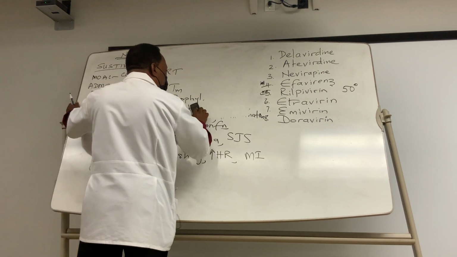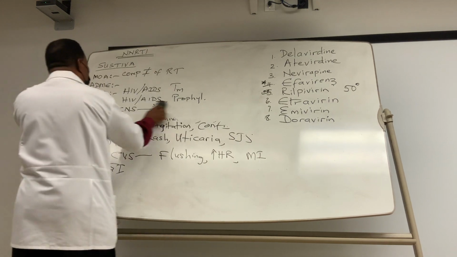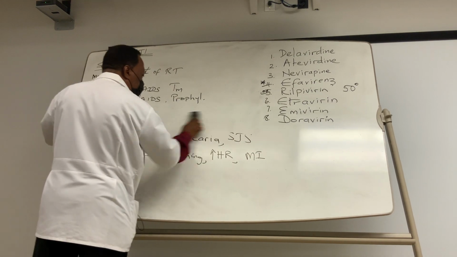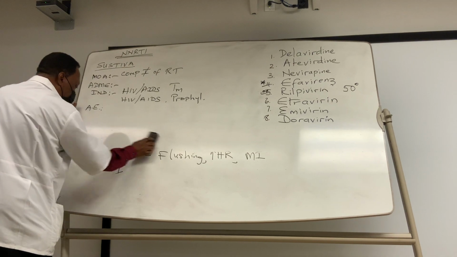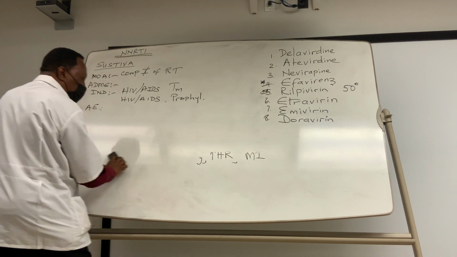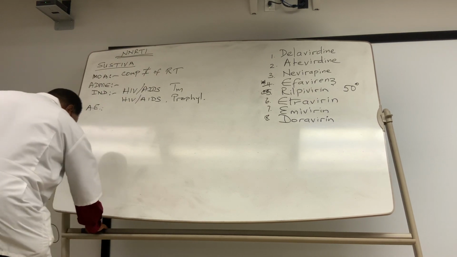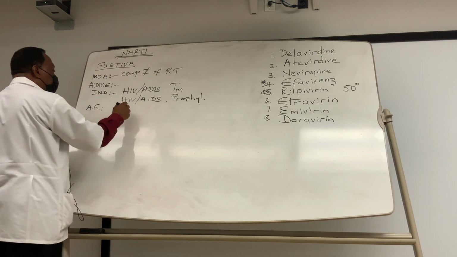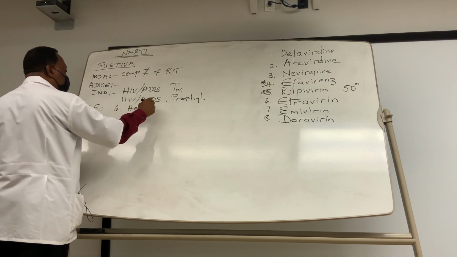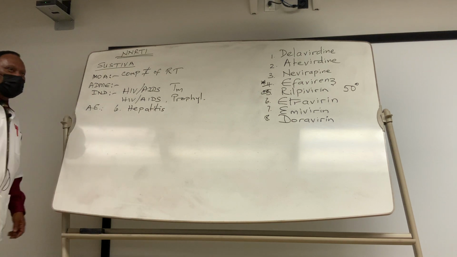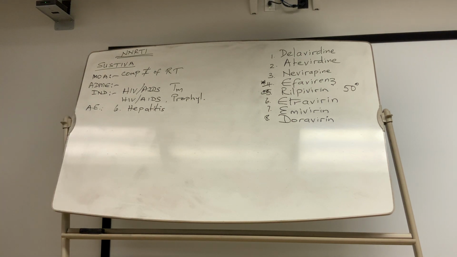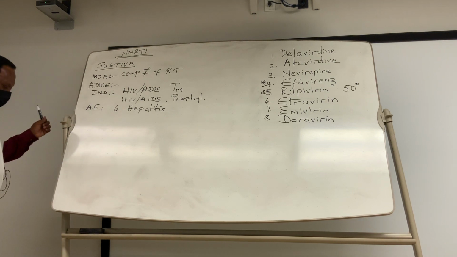A little bit of hepatotoxicity has been recorded, but not that big, if you will. Number 6, we can just say some hepatitis or hepatotoxicity. And you just simply see an increase in the transaminases, ALT, AST, the concentration can go up.